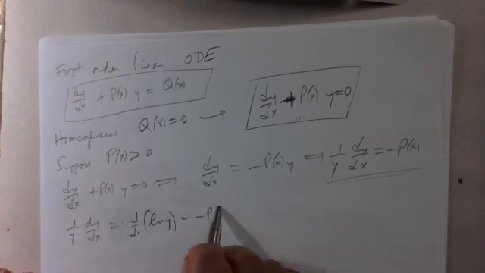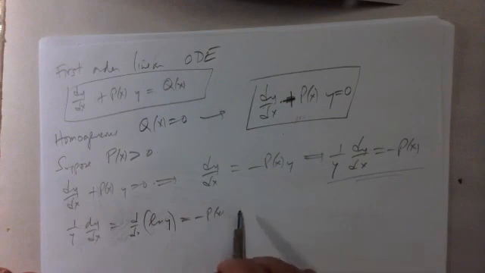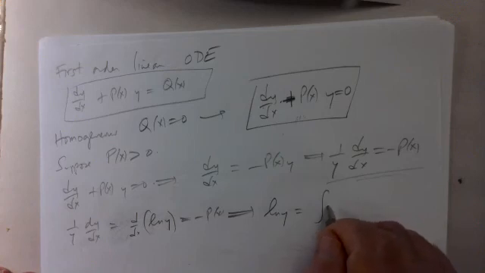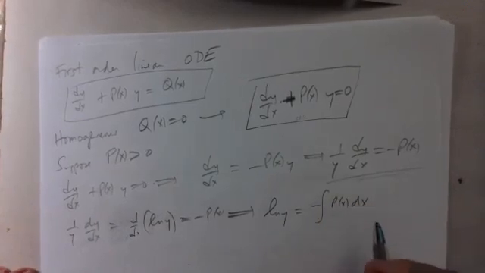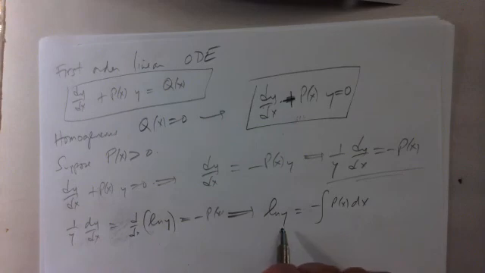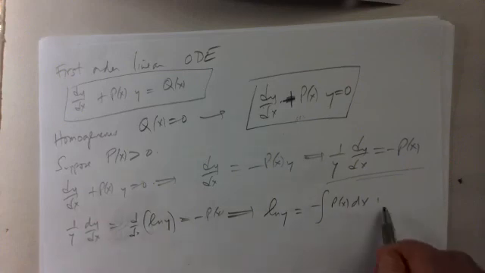So that's equal to minus p of x, which means if I take the antiderivative, the log of y is the integral of minus p of x dx, plus a constant.